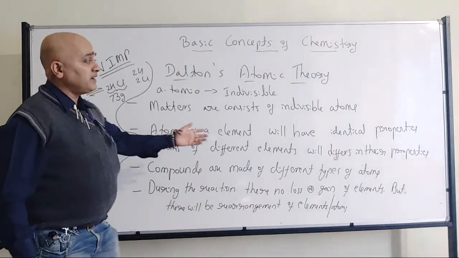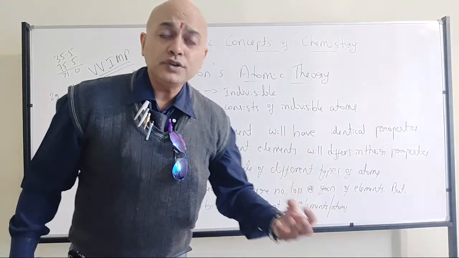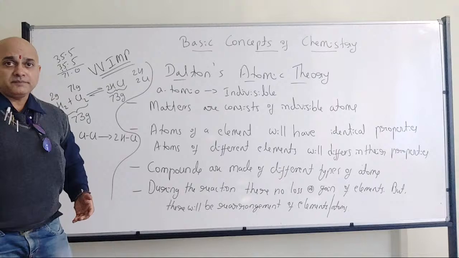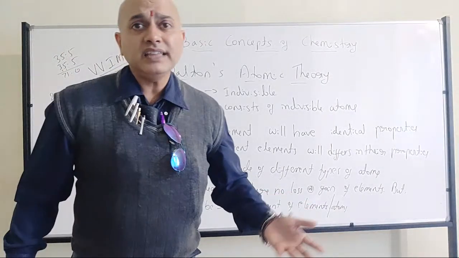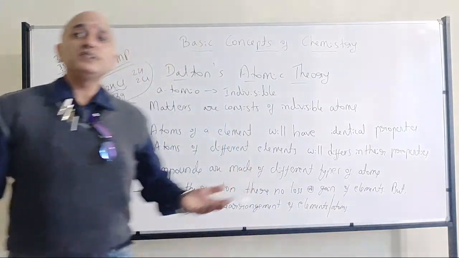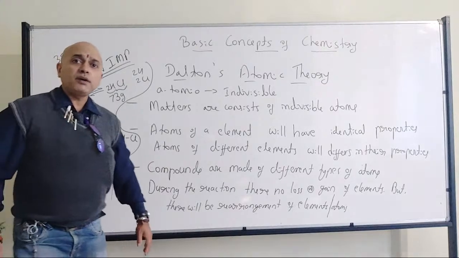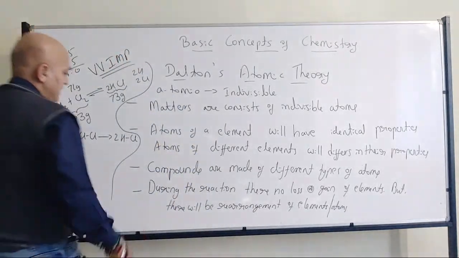Atoms of an element will have identical properties. That means if I take sodium as an element, then its atoms should have the same properties. And atoms of different elements, since they differ in their atomic number, will have differences in their properties. Then compounds are made up of different types of atoms or elements.